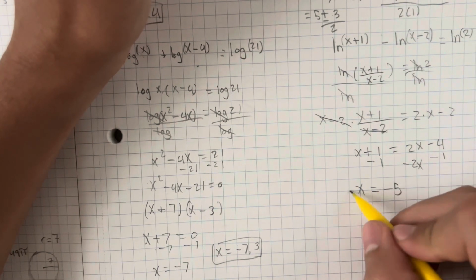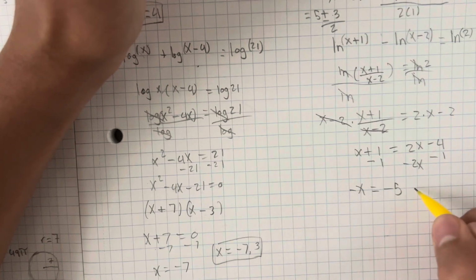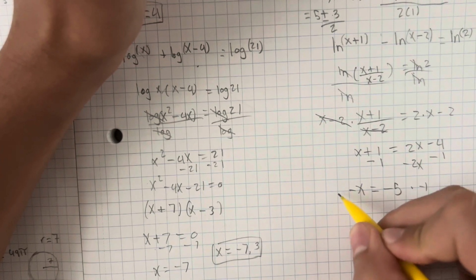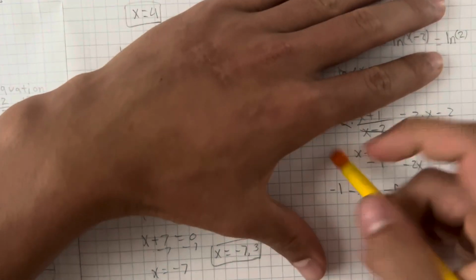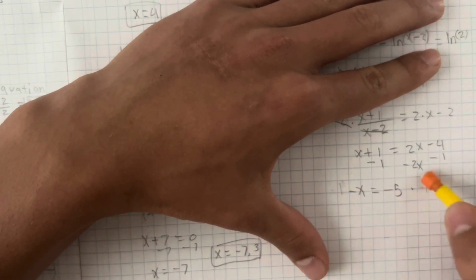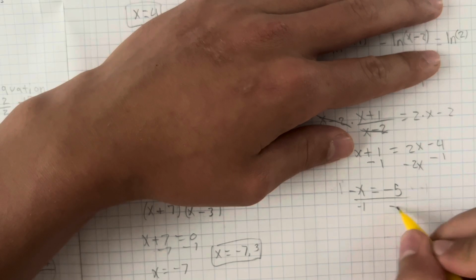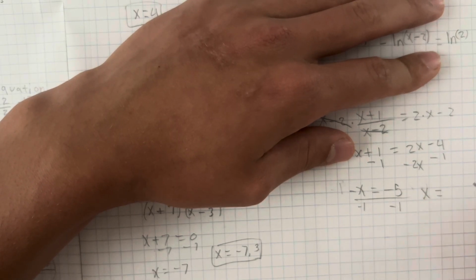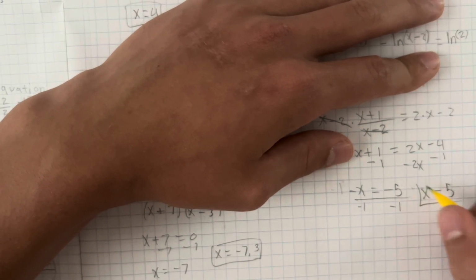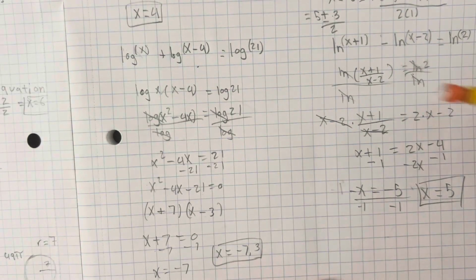This is negative x, my bad. So then we divide both sides by -1 because the x is a negative 1 here. So -1, -1, and then the x equals 5. And that's our answer. All right.